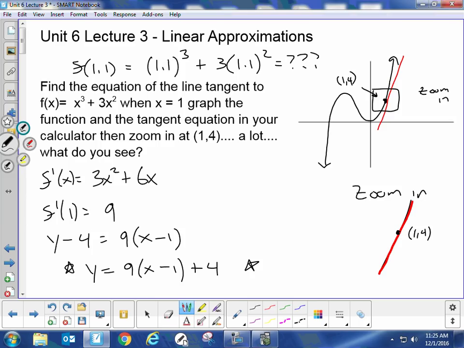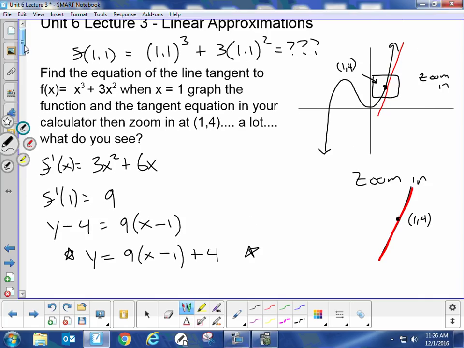It'll take me a long time. But instead of doing that, what I can do is use the line that is going to mimic this function around 1. I can use the tangent line at 1, and I can plug in 1.1 into my tangent line to get an approximation for what this is equal to. Okay? So let's go ahead and do that.